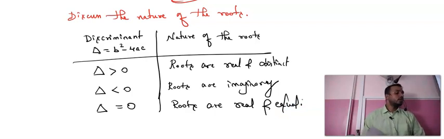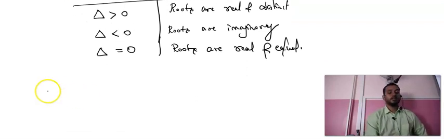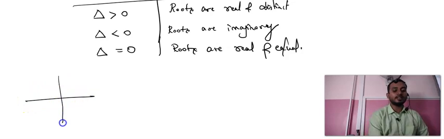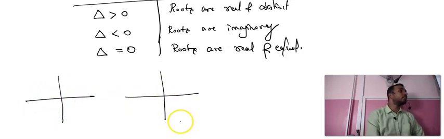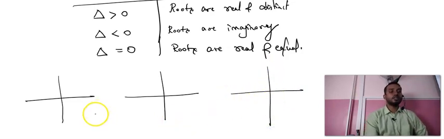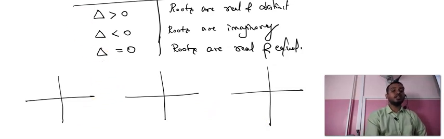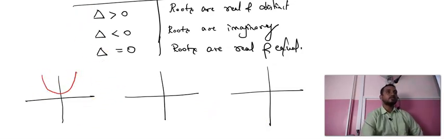Okay. Do you know the nature of the graph of these three roots? See here. The nature of the graph will be like this. Sometimes they will give you the graph and ask you to find the nature of that. These are the three conditions. If delta value is greater than 0, the parabola will be like this.